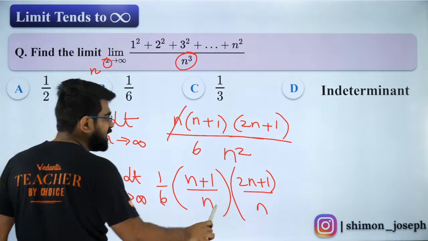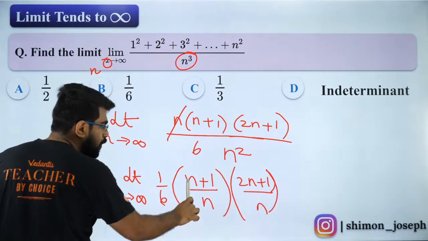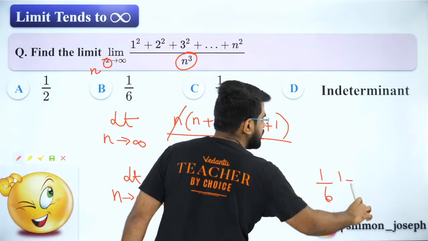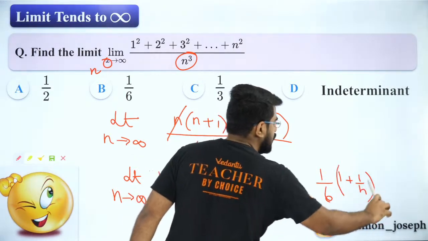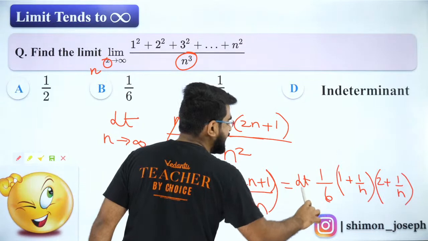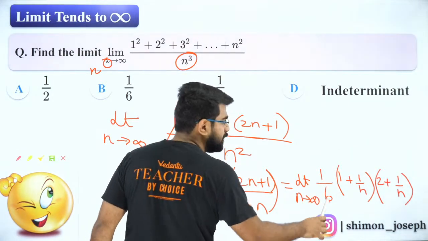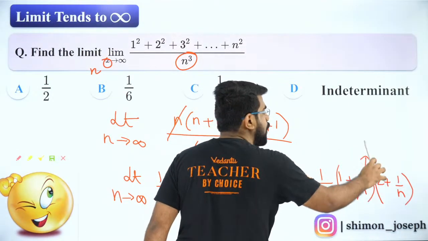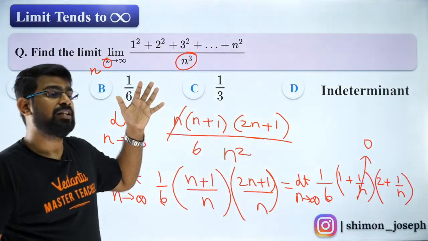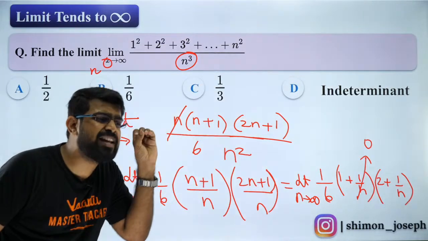Is that correct, my dear students? Now n plus 1 by n, I can write it as 1 plus 1 by n into 2 plus 1 by n. And we have limit n tending to infinity. So if n tends to infinity, can I say this is a very small quantity? Because 1 divided by infinity is very small.